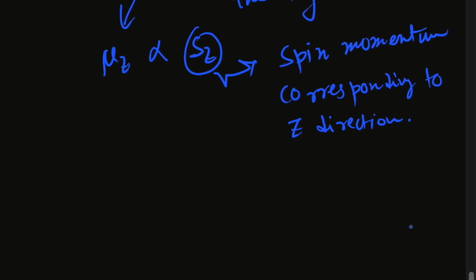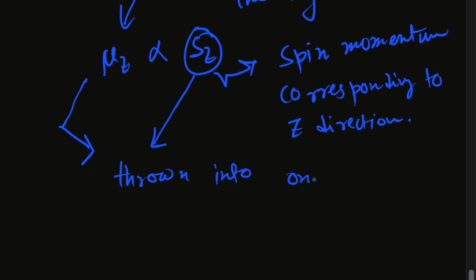Now as we know from our previous lecture, after being measured or after interacting with this observable Sz, the state of the Ag atom will be thrown into one of the eigenstates of the sigma Z observable.